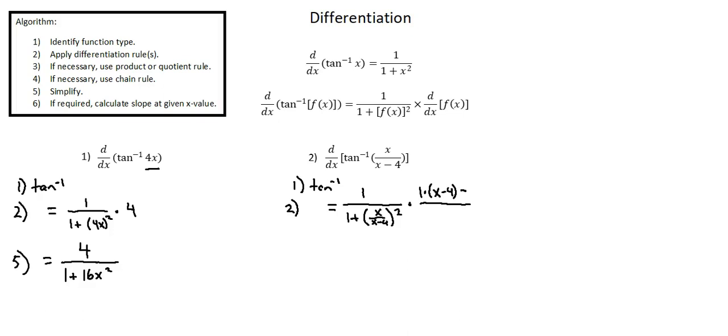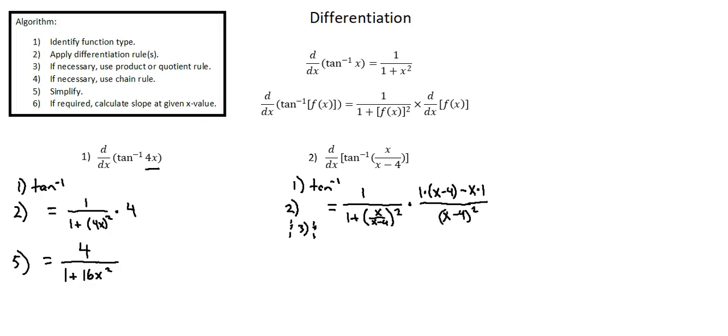We will subtract the original first function, which is x, multiplied by the derivative of the second function. The derivative of x minus 4 is 1. And in the denominator, we'll have the second function squared, x minus 4 squared.